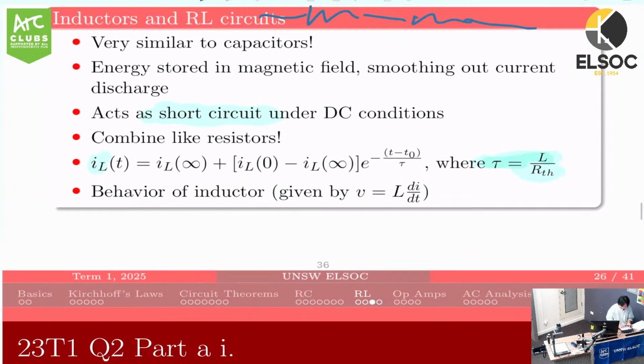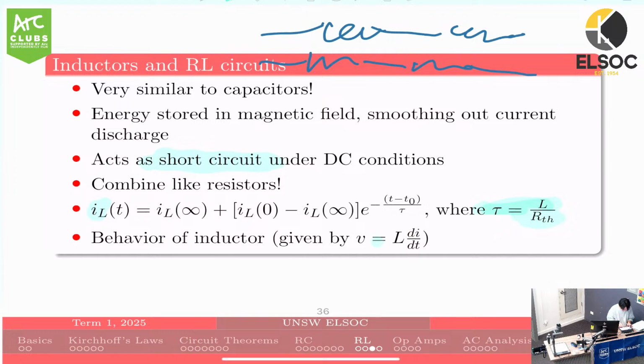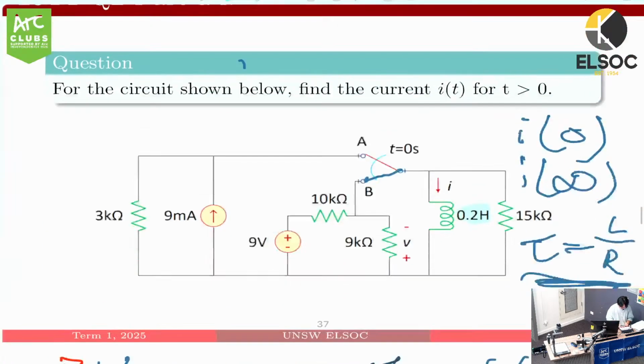And our trusty formula here shows that voltage is just inductance multiplied by the derivative of current with respect to time.